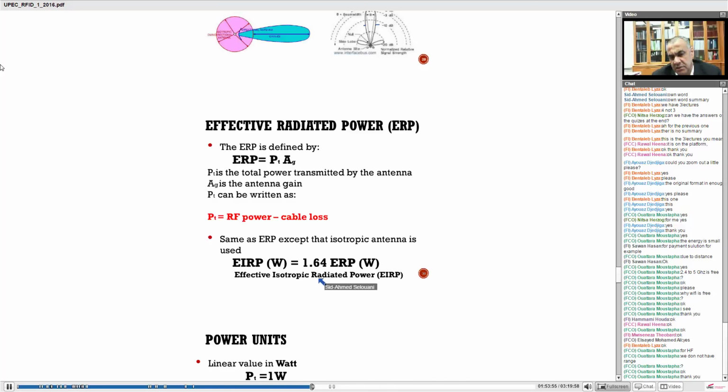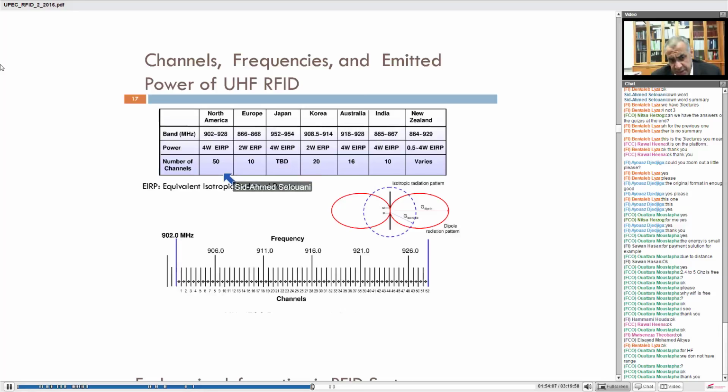Some countries use ERP, the effective radiated power, for regulation, and others use EIRP. The relationship between them is 1.6. So if you see that, it means that in the US you have to be below 4 watt EIRP, and the number of channels is 50.